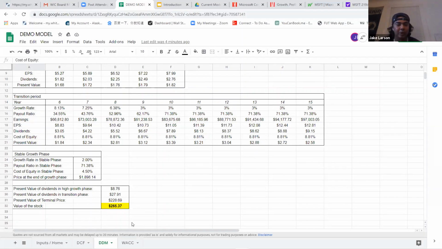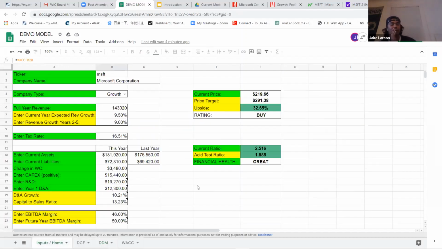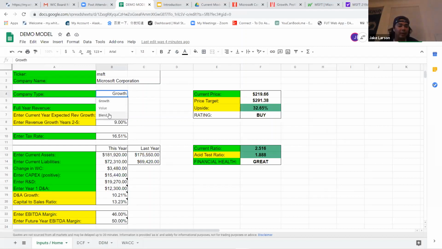For me personally, if I was to change assumptions, because I don't think Microsoft has 33% upside at the moment, I would label Microsoft as a blend company more so than a growth company. You can see what happens if you change that. It lowers the upside, because the growth setting discounts the WACC into the future, versus a blend, which keeps it pretty constant.